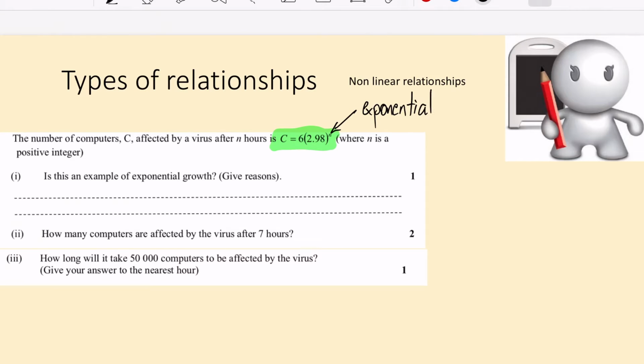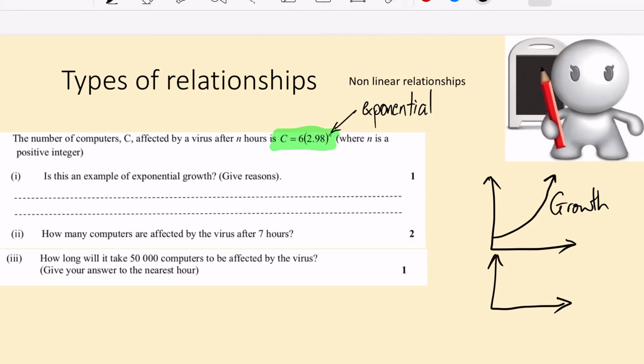Just a few words about exponential models, or exponential functions. First of all, you can either have an exponential growth, or you can have an exponential decay, something that decreases as time increases.